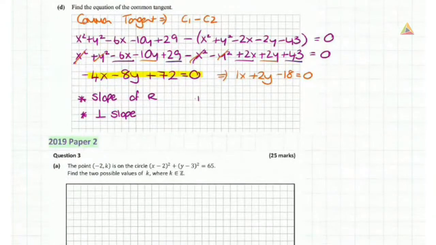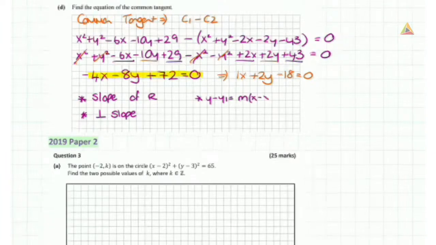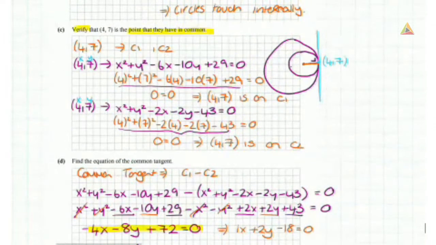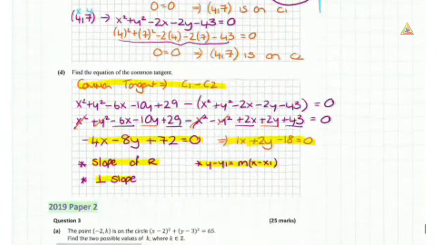And then you could use that perpendicular slope and the point (4, 7) to find the equation of the tangent, that blue line that we have there. But you'll get exactly the same answer as we've gotten here. I think that way is a little bit quicker, to be honest.